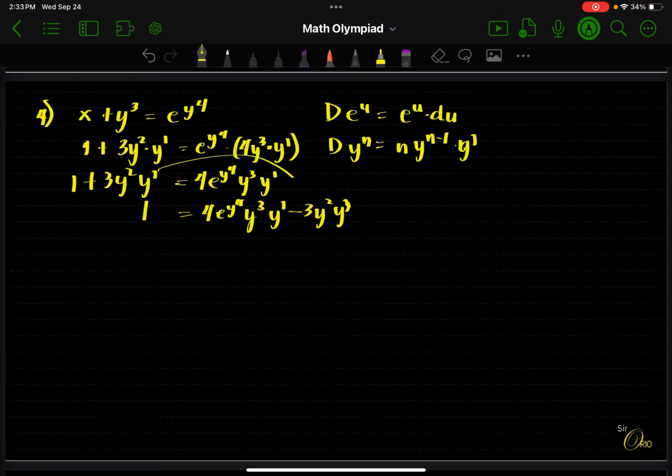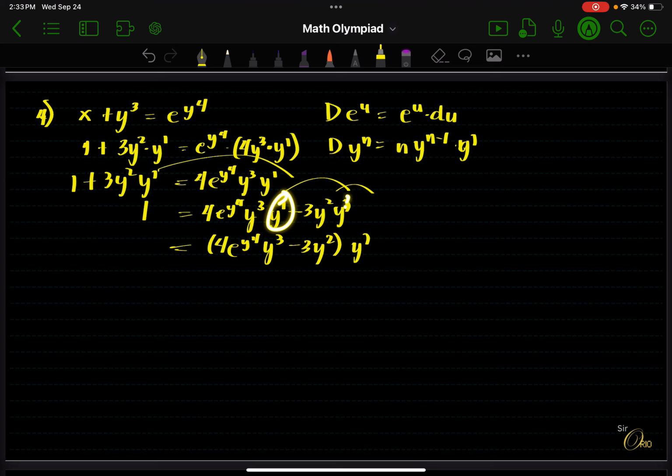So the remaining term on the left side of the equation is 1. Factor out y prime. So 4e raised to y raised to 4 y cubed minus 3y squared times y prime.